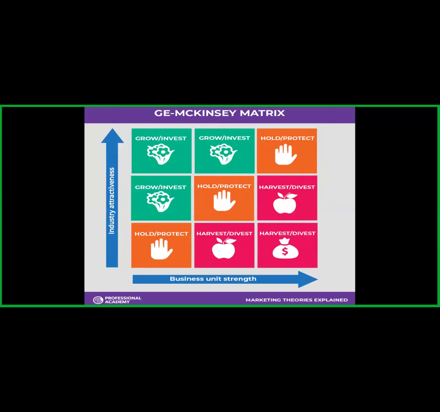And in the third one, two words again: harvest and divest. Now, for grow and invest, we are checking the strength of our company against market share, market segment or market growth, that is industry attractiveness.